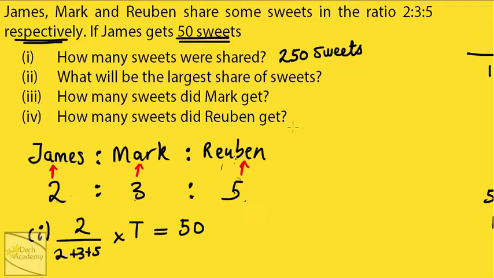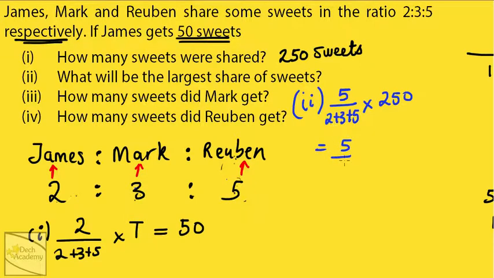Ruben will get 5 divided by 2 plus 3 plus 5 times the total number of sweets, which is something we now know, 250. So this is equal to 5 divided by 10 times 250. 10 here, 1, 10 here, 25. 5 times 25 is 125. So the largest share of sweets is 125 sweets.